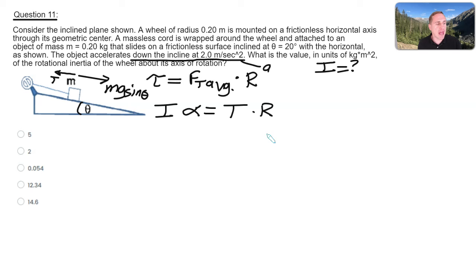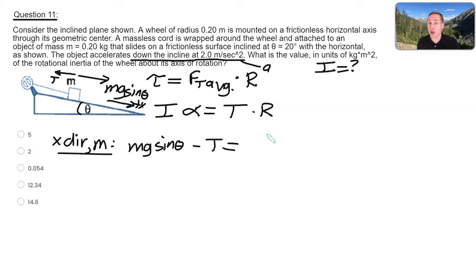And if we look at the x direction for the mass m, let's call this the positive x direction. You would say that mg sine theta is positive in the x direction, minus the tension, is equal to, according to Newton's second law, mass times acceleration.